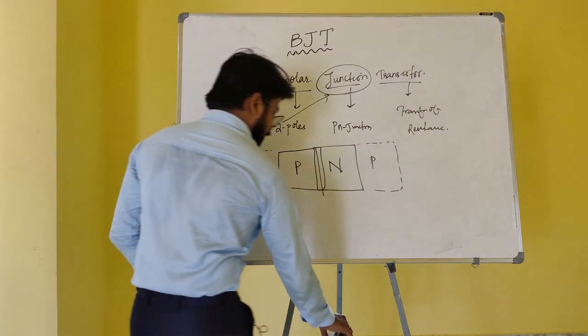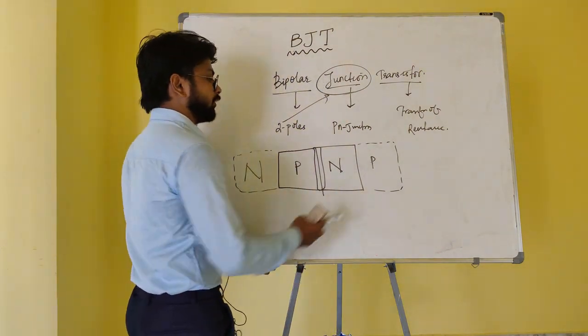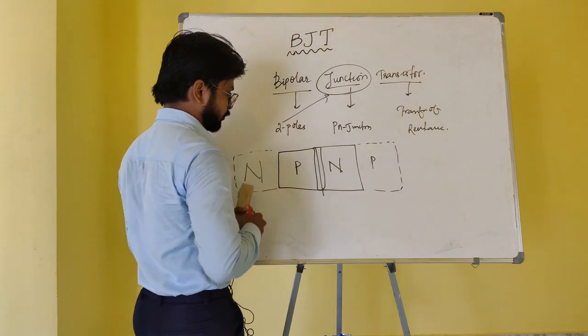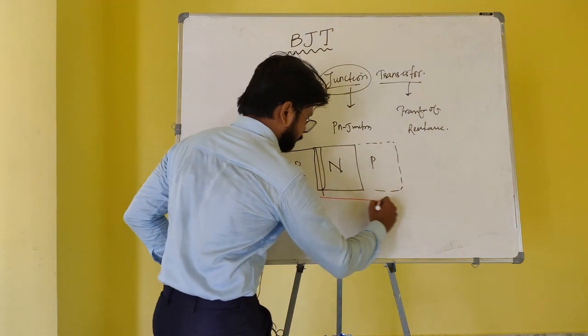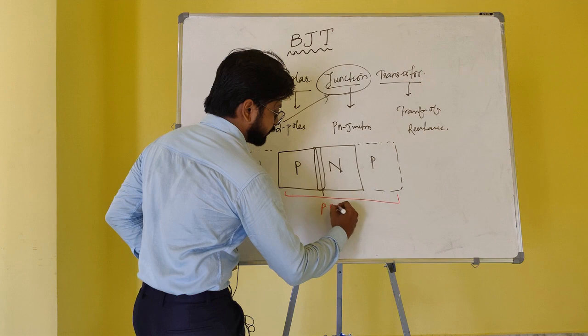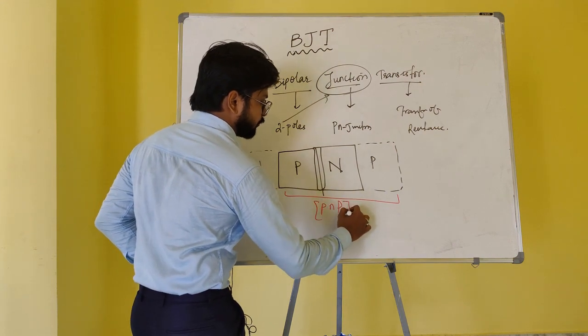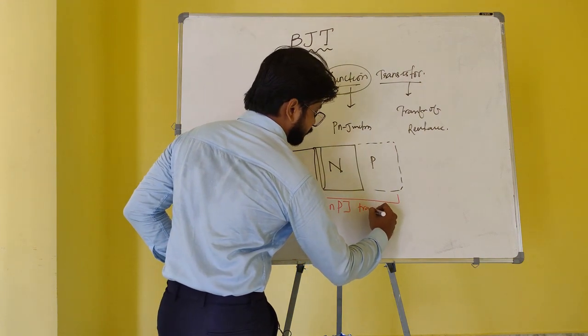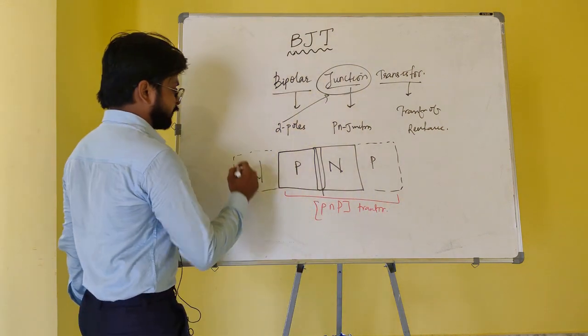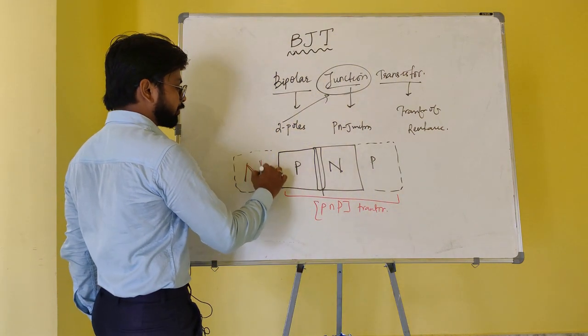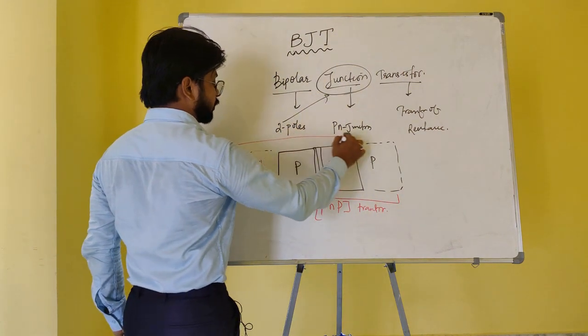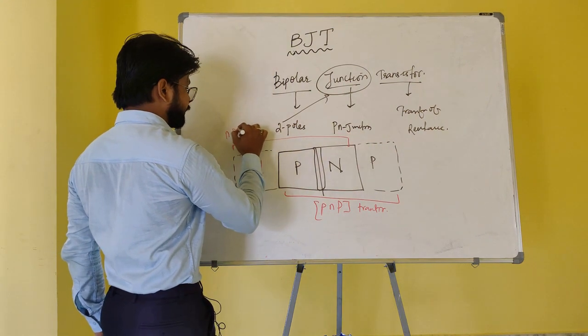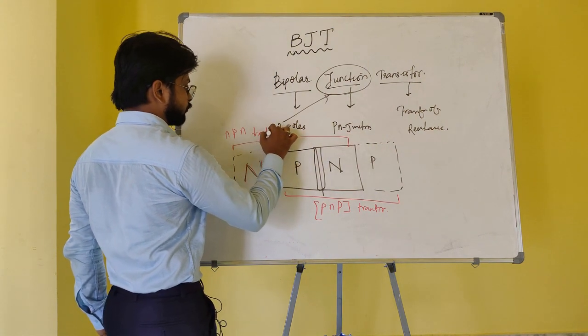If we put a p-type semiconductor here, it becomes a PNP transistor. And if we put an n-type semiconductor here, it becomes an NPN transistor.